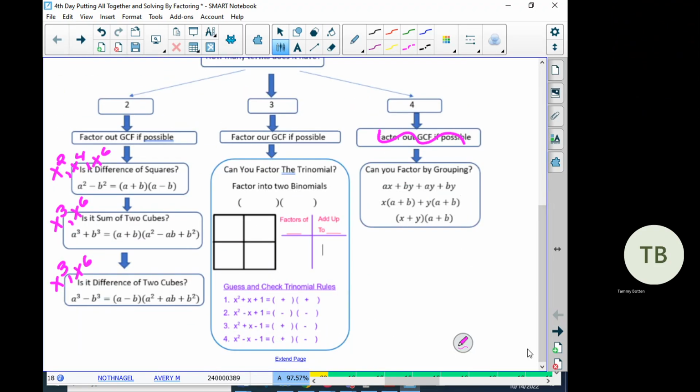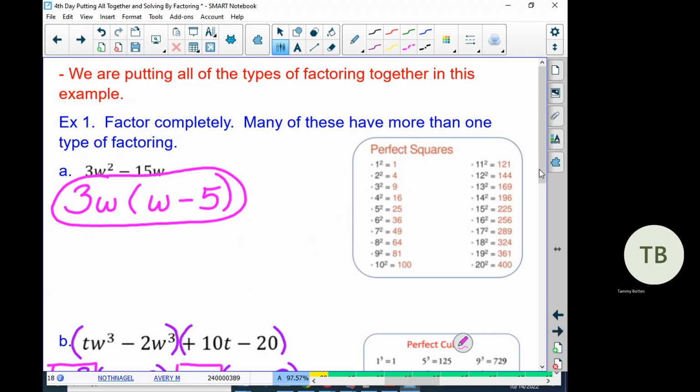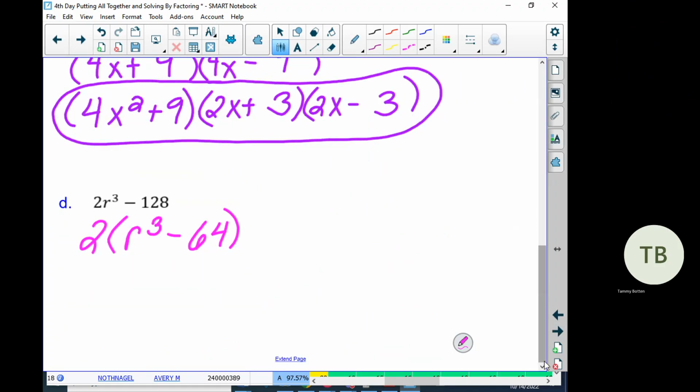So if it's to the third power, if it's a plus sign, it's going to be sum of 2 cubes. If it's a minus sign, you would check if it's difference of 2 cubes. Okay, so we have a minus sign, so we're going to check if it's difference of cubes.